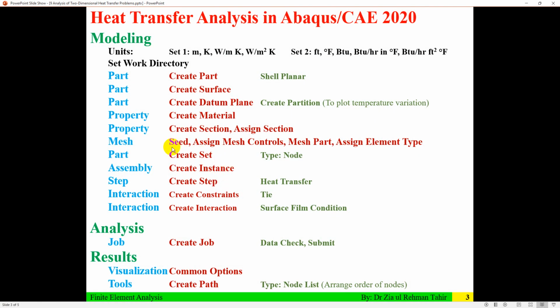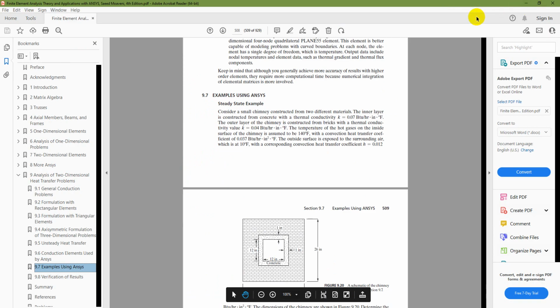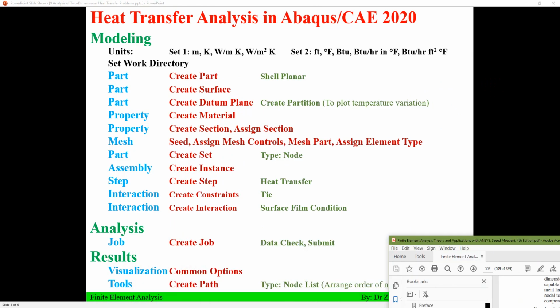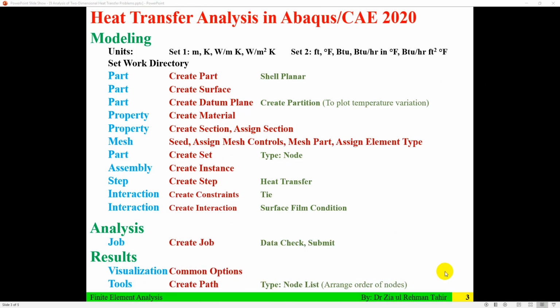So now in seed, assign mesh control, mesh part, assign element type, all done. And then I'll create set. To plot that distribution, I'll go back to the part, and then on part, I'll create set.